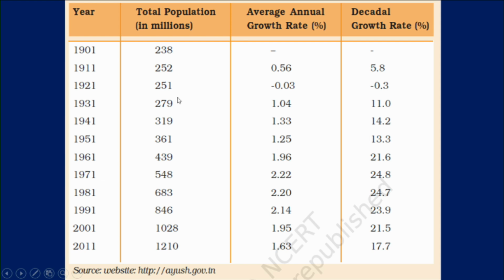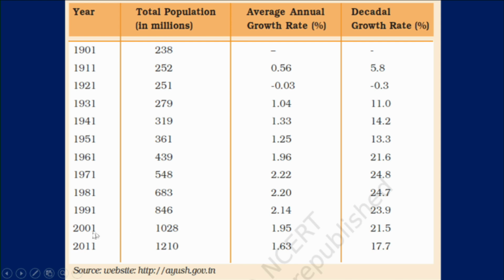Later on we can see it keeps increasing, 1931, then 1941. If we take 2001, it is 1028 million, which is 102.8 crores. The annual growth rate at that time is 1.95, and the decadal growth rate is 21.5, meaning in that decade the growth rate was 21.5.